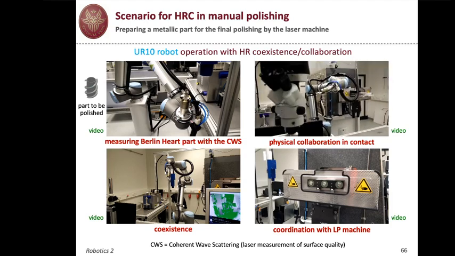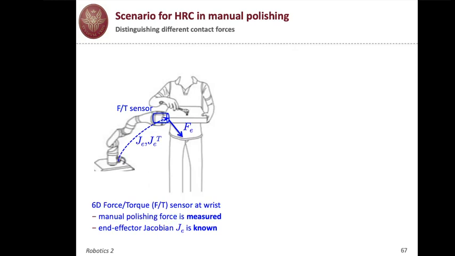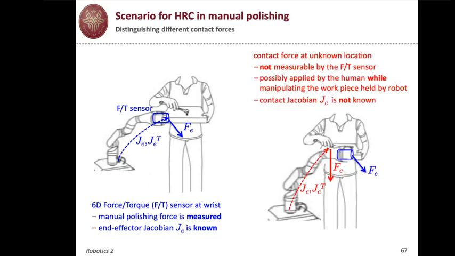So here, let's focus on this physical collaboration. And remember that we have a force-torque sensor mounted on the end effector. So if we apply forces to the parts, so polishing forces, we can measure these forces because the part is beyond the 6D force-torque sensor. In particular, this was an ATI force-torque sensor. But on the other hand, if you're pushing the robot before the force sensor, this force is not being measured by this sensor.